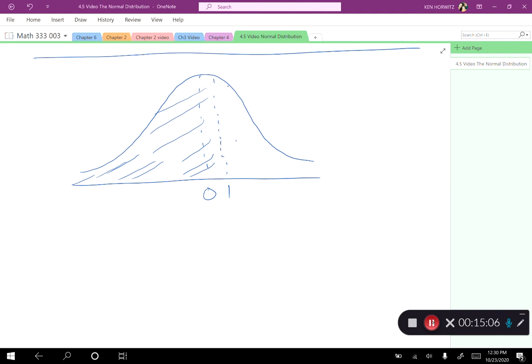Hopefully by now you have your chart. You are going to look on the left side of your chart. You're going to see a column that's labeled Z, and you're going to go down that column until you find the number 1. 1.0 is what you'll find. And then you're going to go across until you find the appropriate hundredths place.